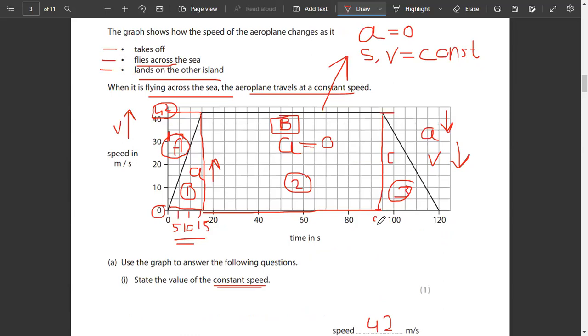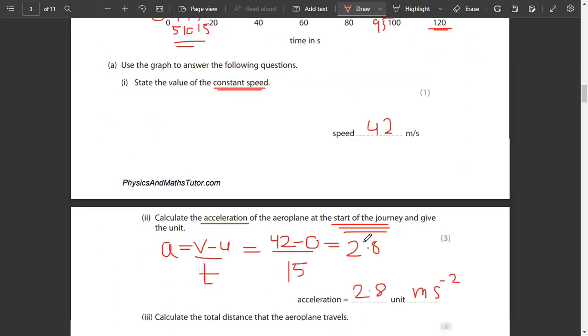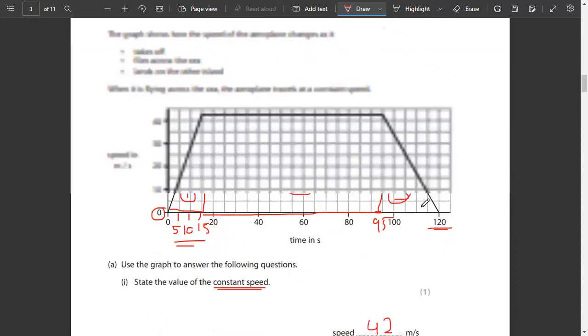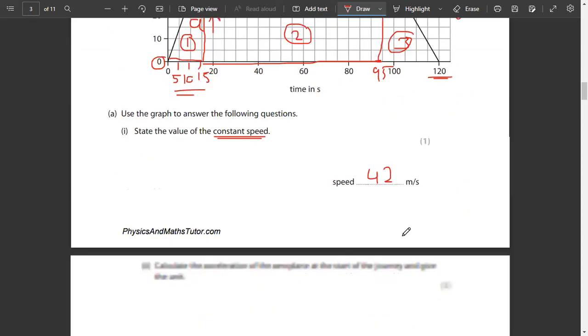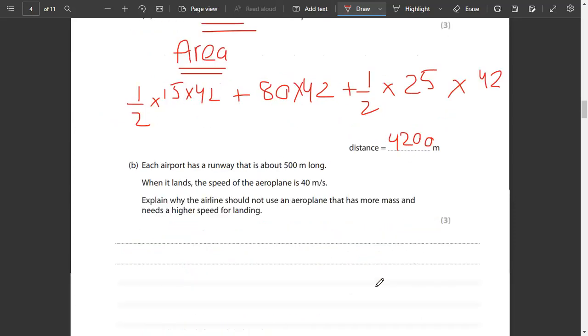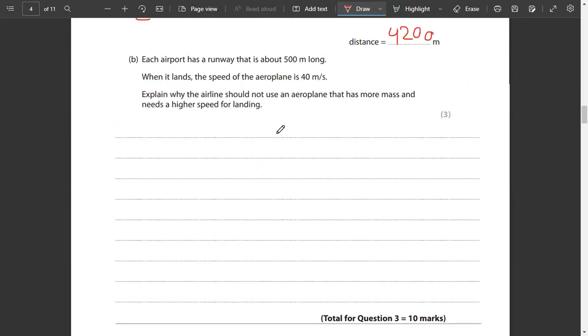If we start from 95, it ends at 120. तो 120 minus 95 क्या हो जाएगा आपके पास? 25. ठीक हो गया. तो बेस हो जाएगी 25 और हाइट क्या है? हाइट अगेन जो आपके पास हाइट है वो स्टिल 42 ही है. So the total answer that you would be getting would be 4200 meters.